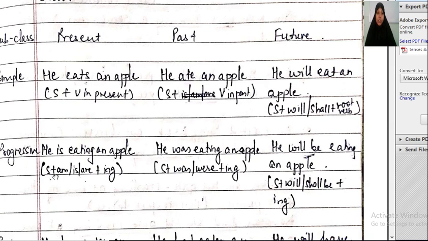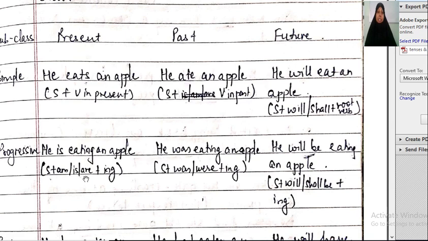Here the structure of the sentence will be subject, that is he, then you have to use the be form of the verb in present, that is am, is or are, whichever is suitable. Here we are using a singular word, so you will write is. He is eating. You have to add ing to the verb, and then the object.